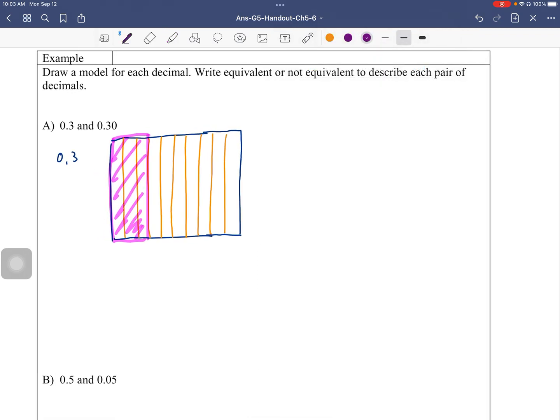Now I have 0.3. It needs to be the same kind of square.